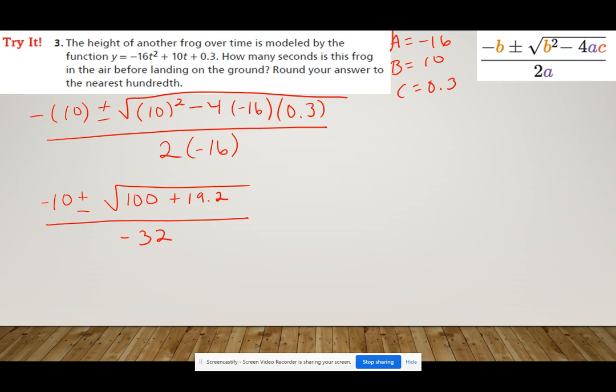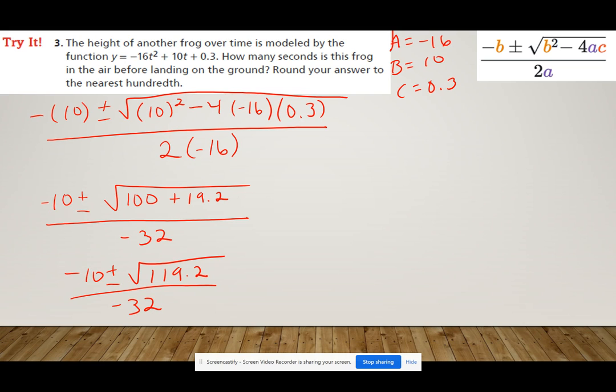Cleaning this up a little bit, underneath the radical, if I add 100 and 19.2, I get 119.2. So I have negative 10 plus or minus the square root of 119.2 over negative 32. Now, some of you might be able to jump right from the first step to this step here. That's fine. I write out all the steps to make sure I don't miss anything.